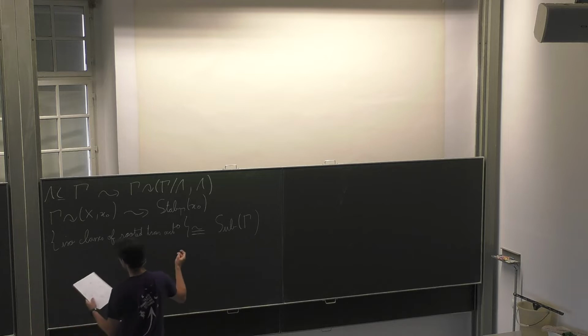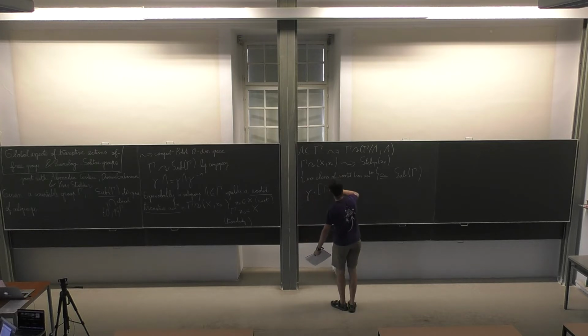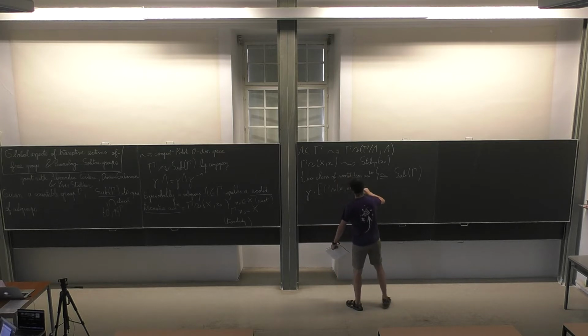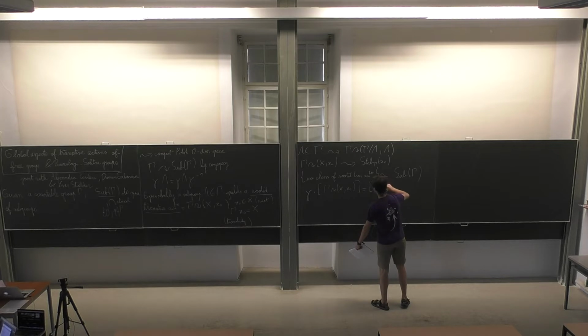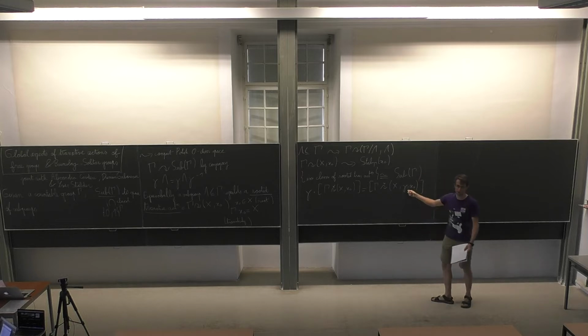Now on this space of subgroups, we had this conjugacy action. We can view it more naturally in this setup by saying that gamma times the isomorphism class of a rooted transitive action is just the isomorphism class of the same action as before, where you just shift your root using your element gamma.